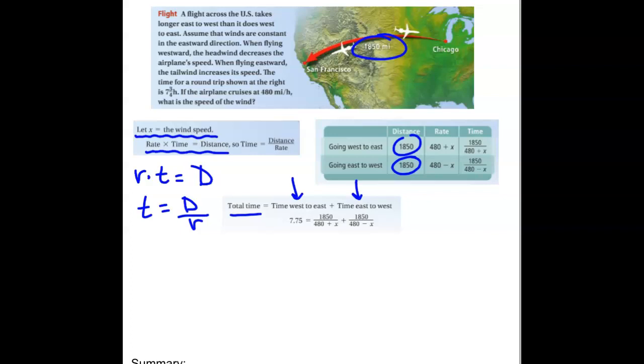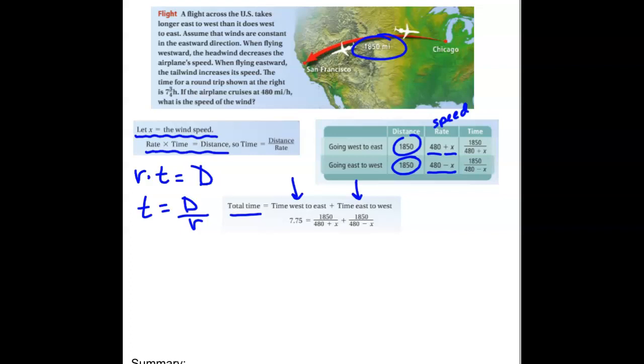So it's actually pushing us. So our rate or speed that the plane is flying at is the 480 plus what the wind gets us. But when we're flying the return trip going east to west, the wind is going to slow us down. So we're taking our 480 miles per hour and we're slowing it down by whatever that wind speed is.